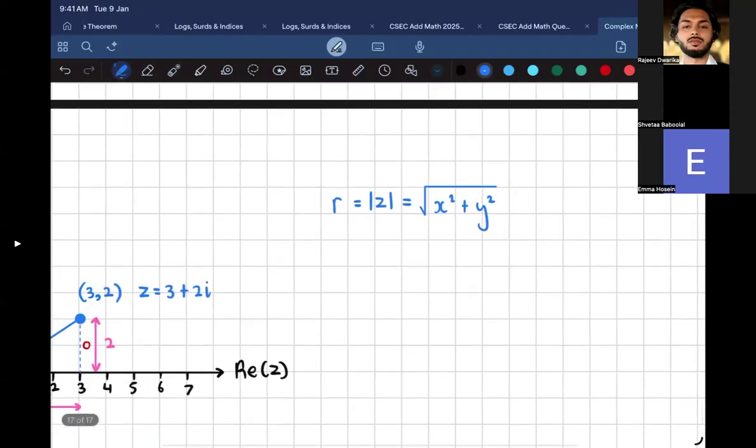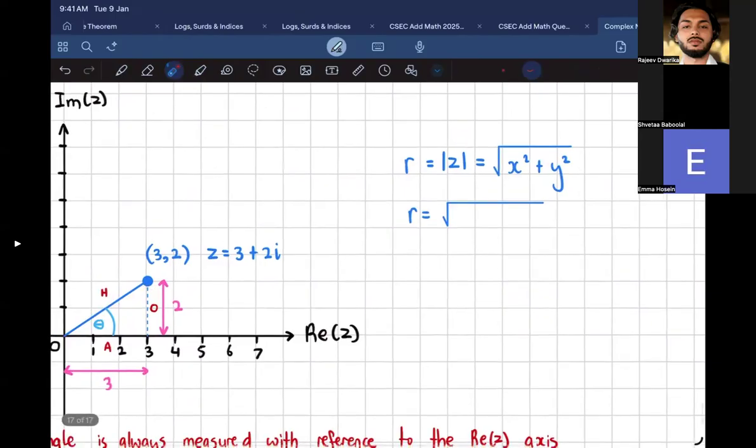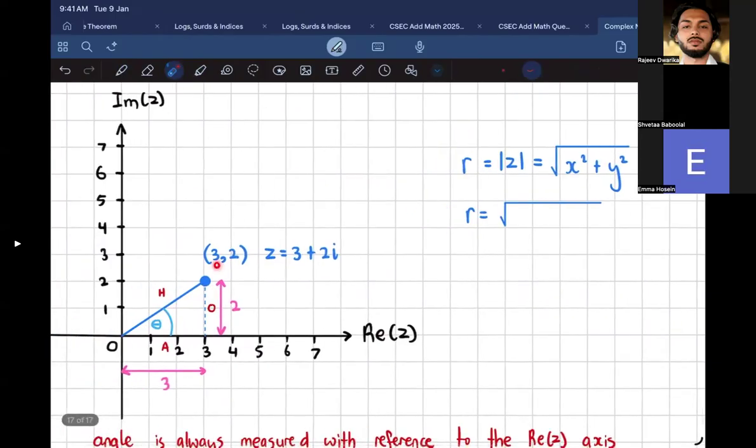Cool. So in this case, if you wanted to find the length of this, how would we find that? The length of this, the hypotenuse. And you can call it a vector if you wanted. This could be point P, right? Then how would I find the length of O to P?